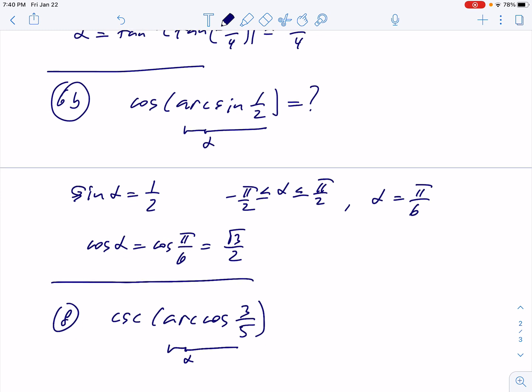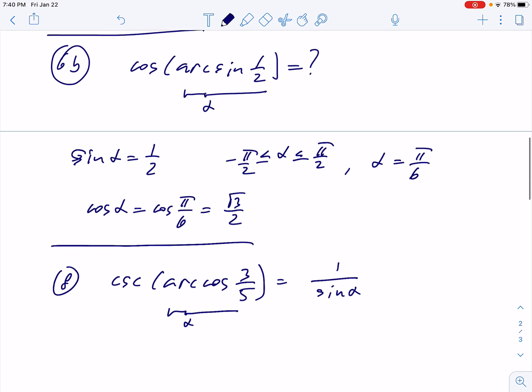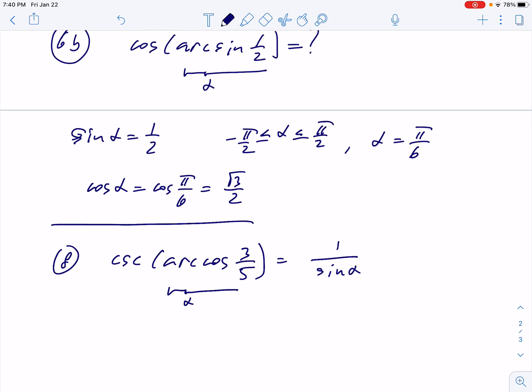These functions are not used, they're not very popular. Sines and cosines are the important functions. So here we have 1 over sine alpha. And we have to evaluate this. And what we know is that cosine alpha will be cosine arc cosine 3/5. This will be 3/5.